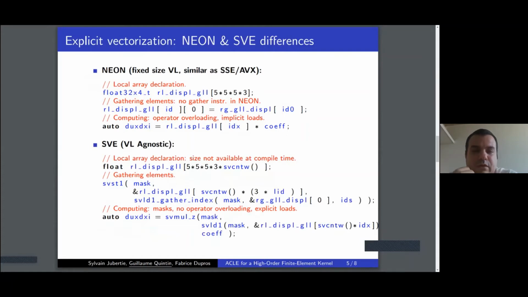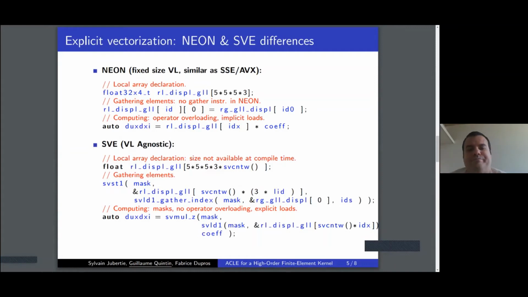This is a C and C++ extension to the language, so you have operator overloading for some operators like brackets. You can access a lane directly, and you can, of course, add and multiply SIMD vectors together. This does what you think it does. But for SVE, this is not the case.